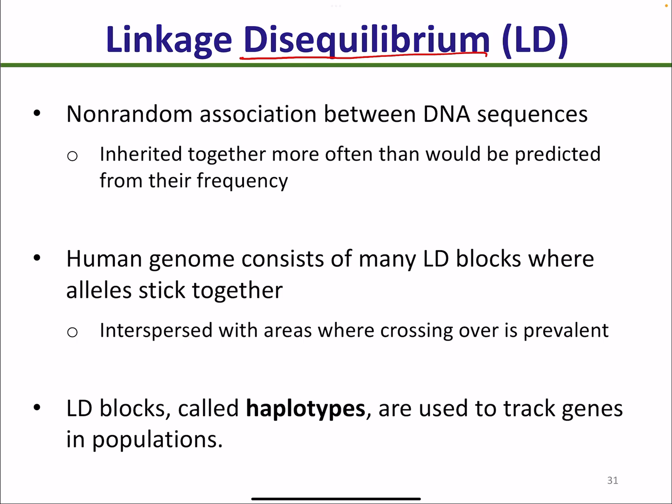So inherited together in the case of linkage disequilibrium, genes that are closely together have a high chance to end up in the same gamete, right?